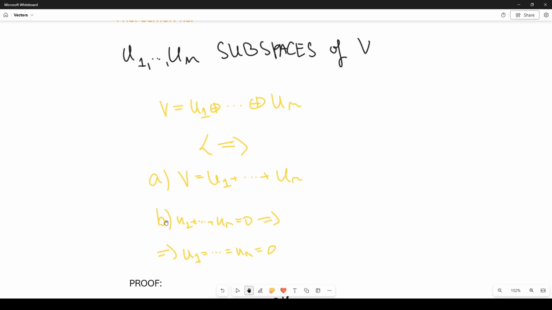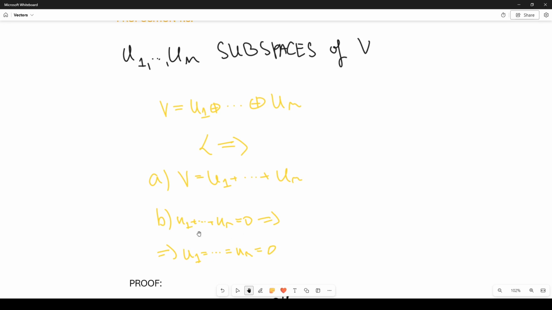And the second condition that ensures the uniqueness of the representation is that if we try to express 0 as some combination of vectors in the sum, then it follows that all of these vectors have to be 0.